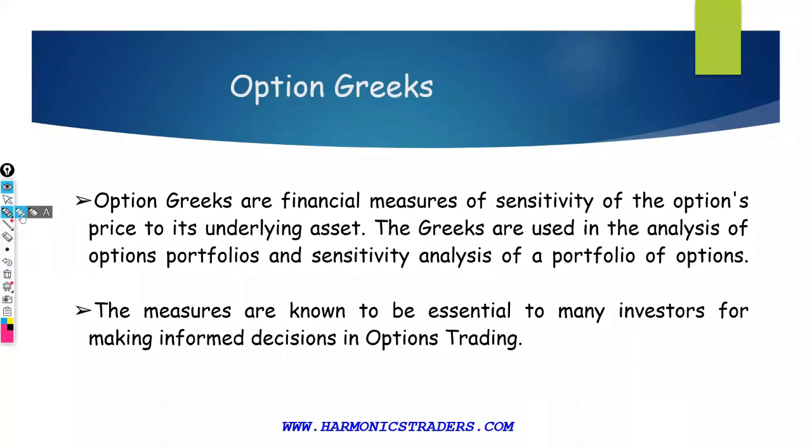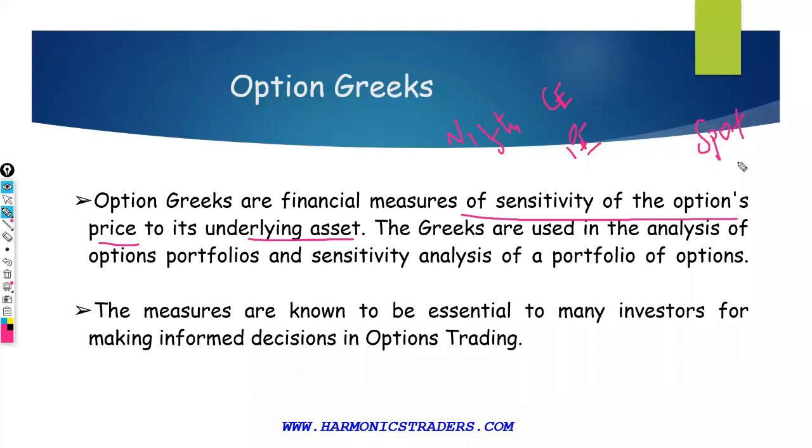Basically, the option Greeks measure the sensitivity of the option's price with respect to the underlying asset. For example, let us say you are trading Nifty options. The option Greeks will tell you how much a particular Nifty CE or PE is going to change with respect to changes in the spot.